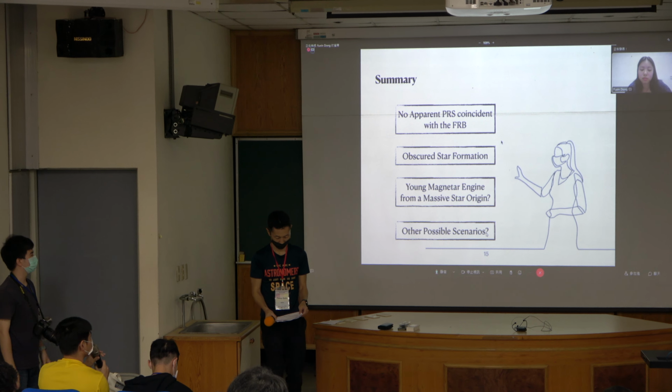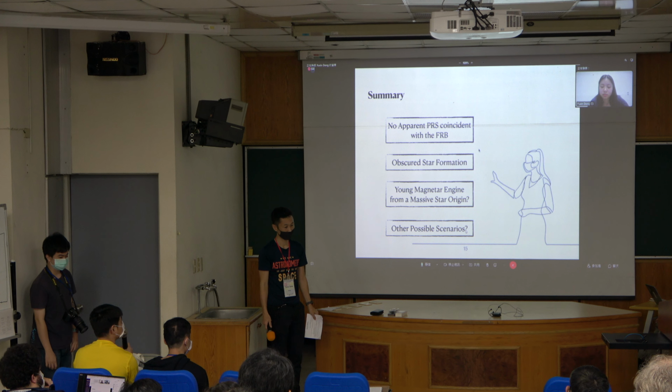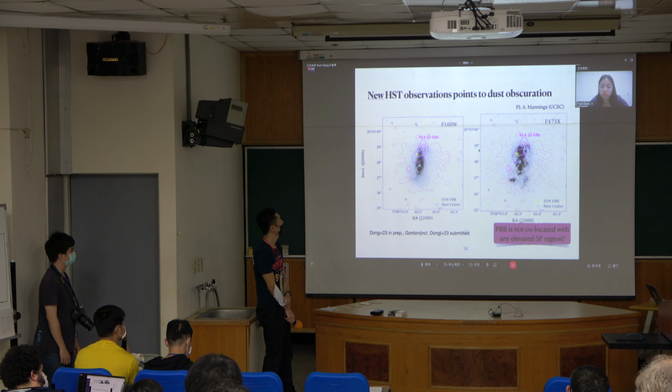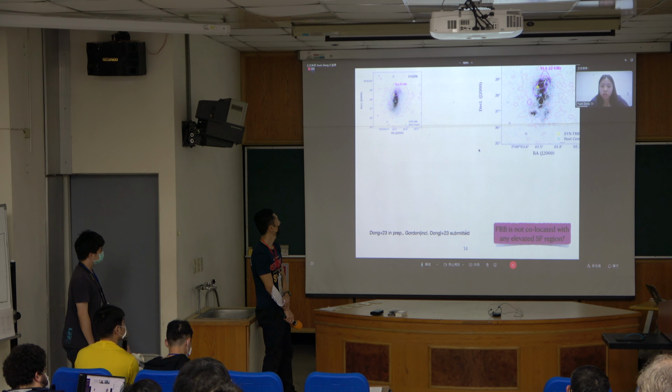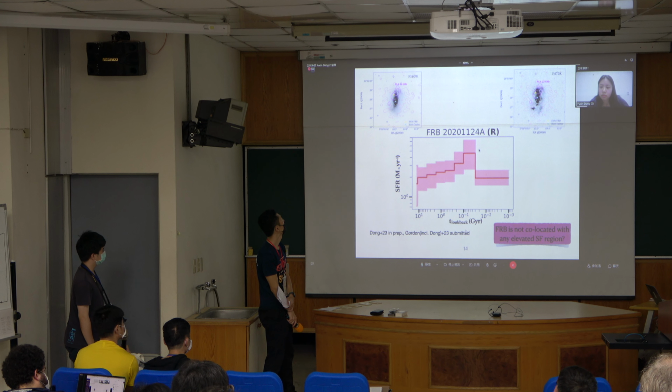Thank you very much for a very nice talk. So I have a question about this dust occlusion. So you showed the star formation history actually. So therefore, I guess you did a SED fitting to derive the star formation history. At that time, probably you can also derive the dust extinction of the host galaxy, I guess.